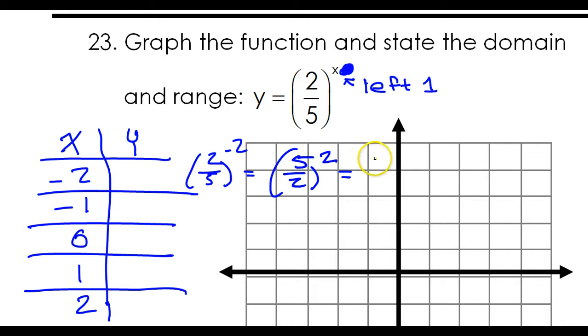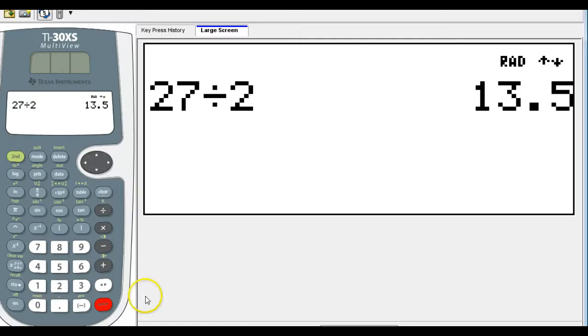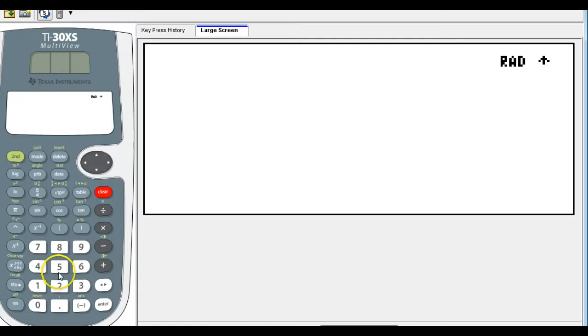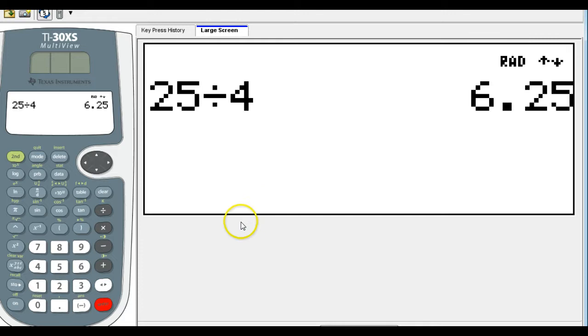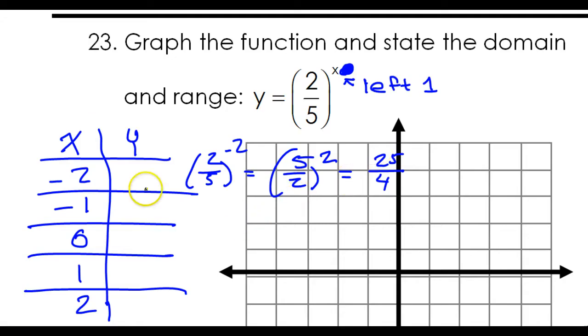Well, that's going to be 25/4. I just went ahead and squared both of these. Now, even with a 4 function calculator, I'm going to pretend this is a 4 function calculator. 25 divided by 4 is 6.25. So that's what I have. So be able to do this with a 4 function calculator.